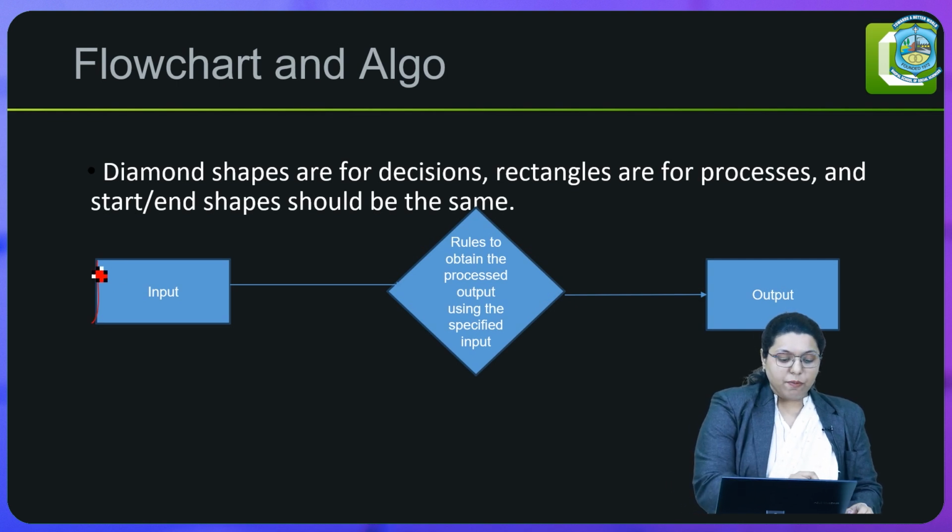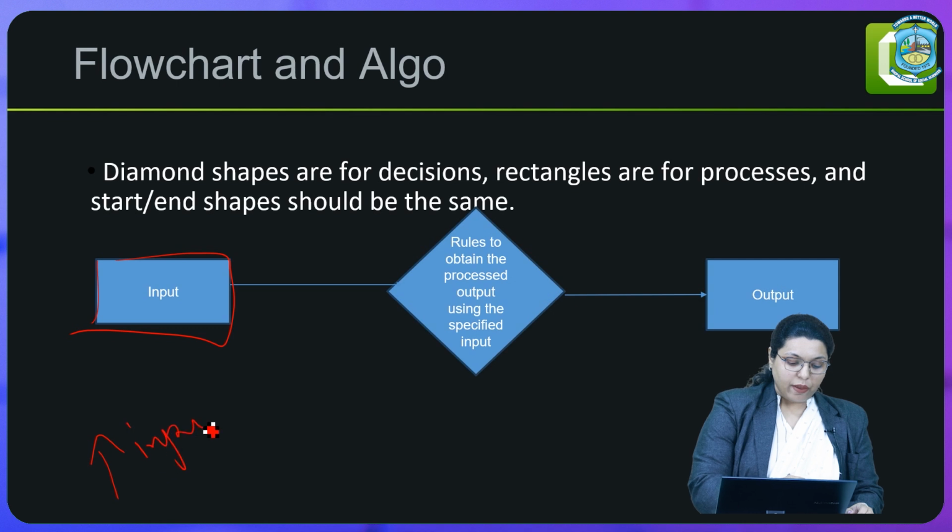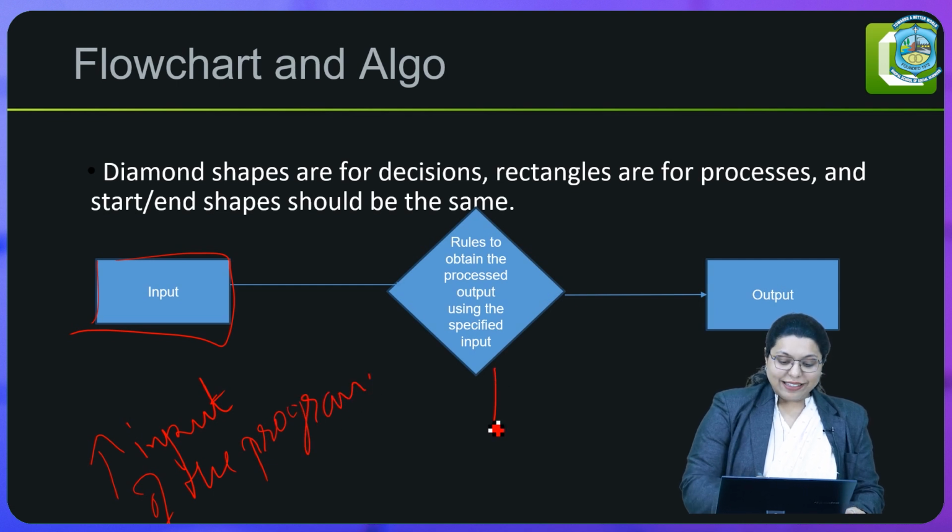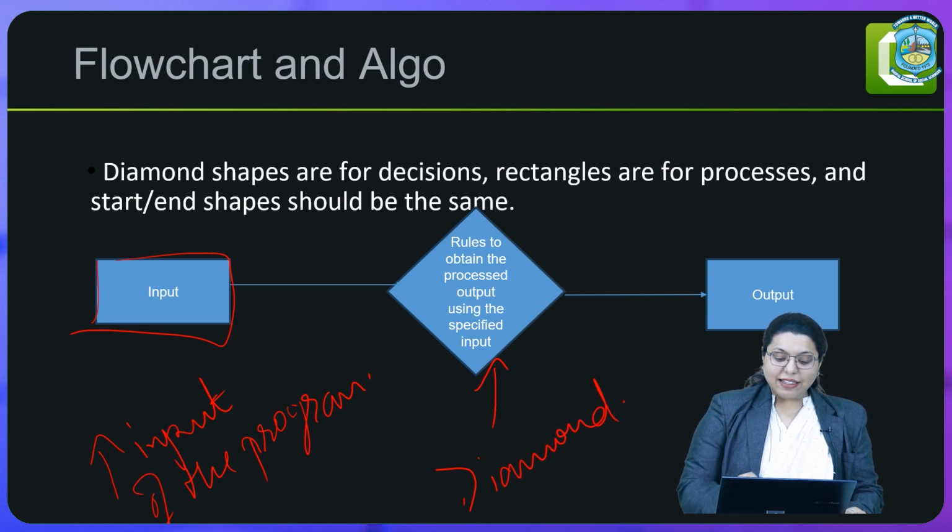Here we have a box to show the input of the program. This diamond shape specifies any condition written.